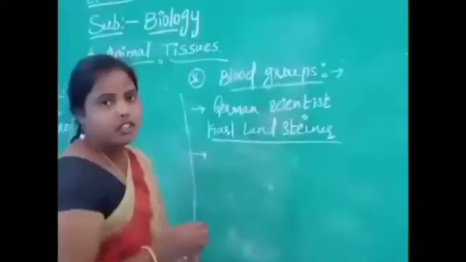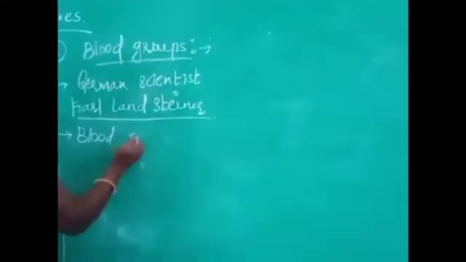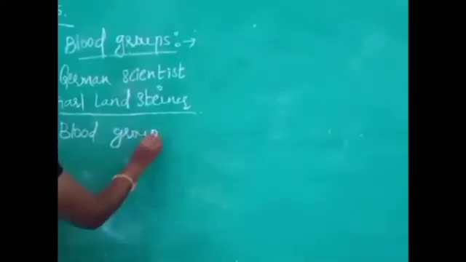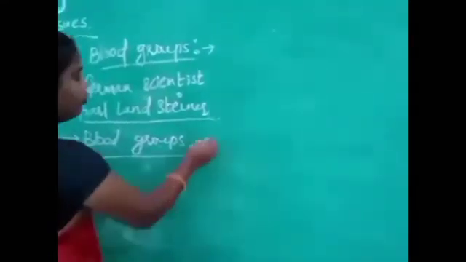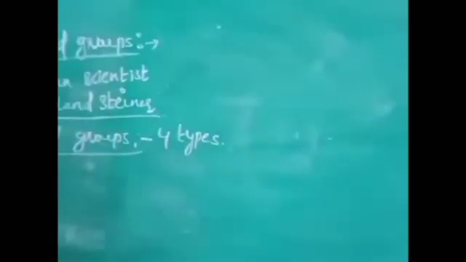According to him, the blood groups are classified into mainly 4 types. Okay.